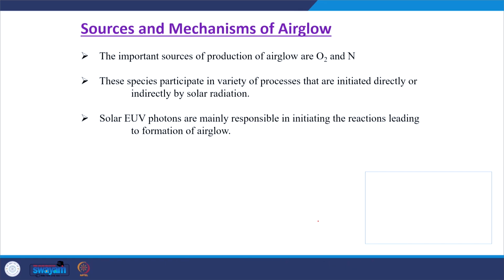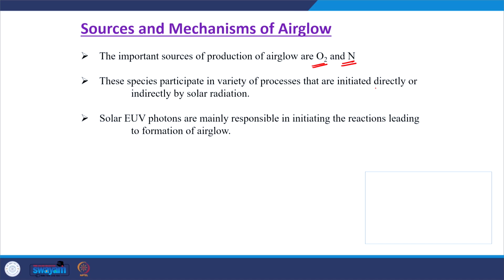If you look in detail, the most important sources for the production of airglow are oxygen and nitrogen. Why? These are the most abundant gases in the Earth's atmosphere, so naturally these emissions will be produced by these gas species. These species participate in a variety of chemical processes that are initiated directly or indirectly by solar radiation itself.